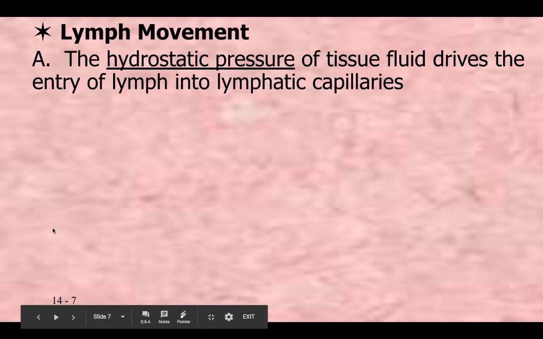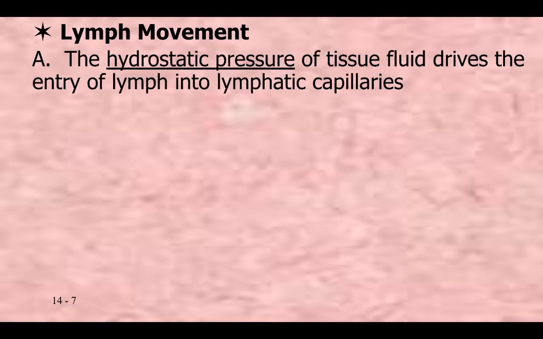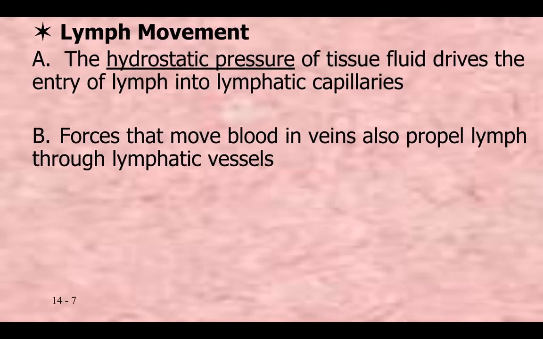The movement of lymph is driven by hydrostatic pressure. The tissue fluid is going to drive the entry of lymph into the lymphatic capillaries. The hydrostatic pressure inside the vessel is going to drive that interstitial fluid in through the lymphatic system.